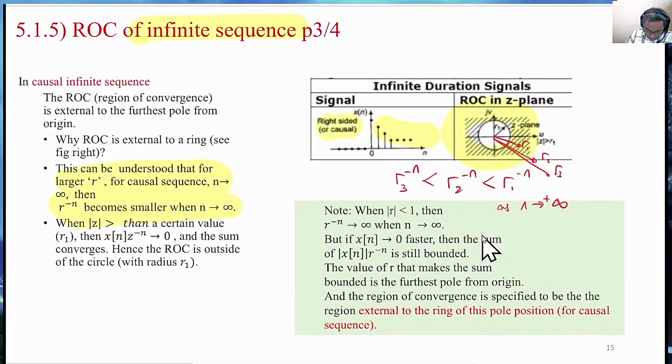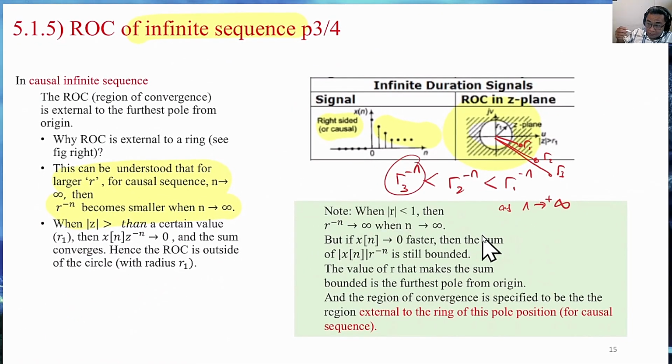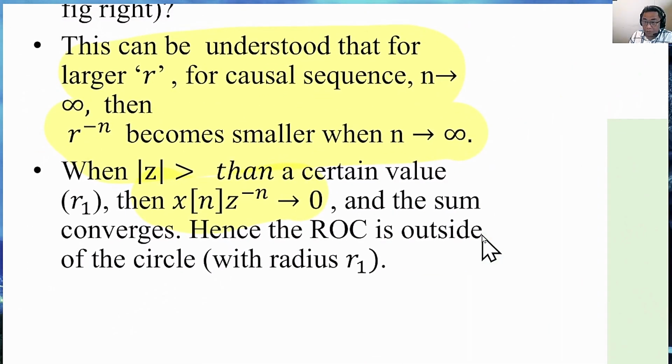Since this value is being used in the denominator, therefore x[n] times z to the minus n tends to 0, faster for those r's that are even further away from the origin.